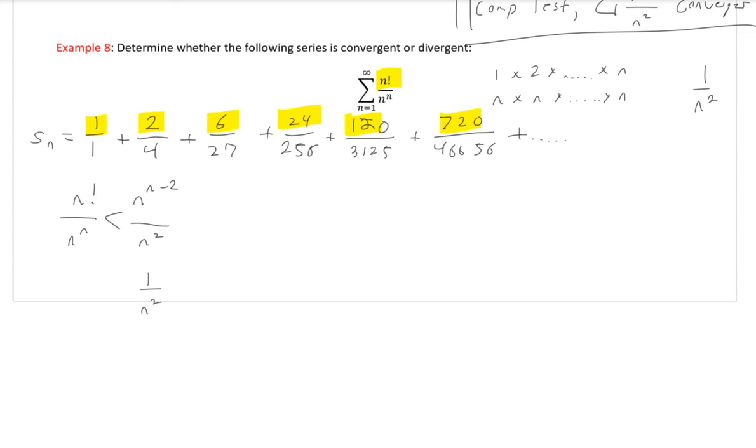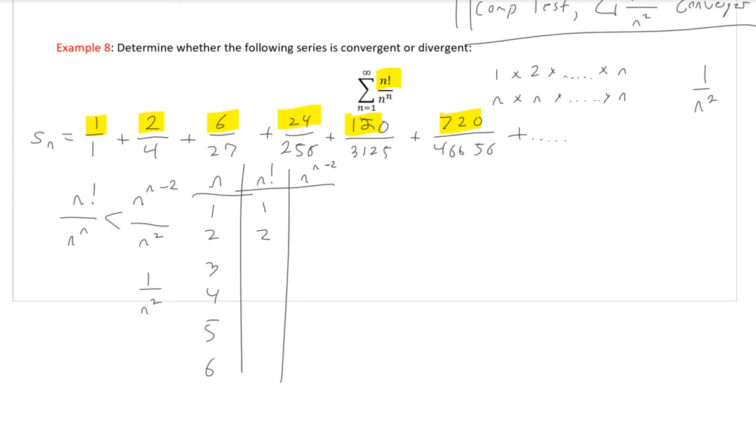And n factorial versus n to the n minus 2 is not necessarily true for all cases. Let's test it and plug in numbers to see if this is true. I'll say 1, 2, 3, 4, 5, 6. We already know these ones for n factorial: 1, 2 factorial, 3 factorial, 4 factorial, 5 factorial, 6 factorial.